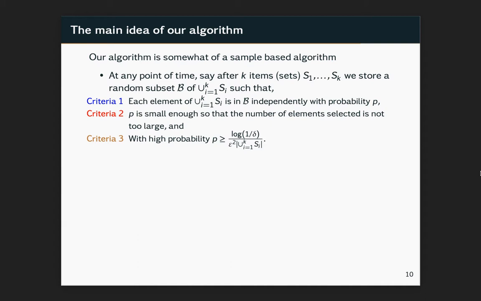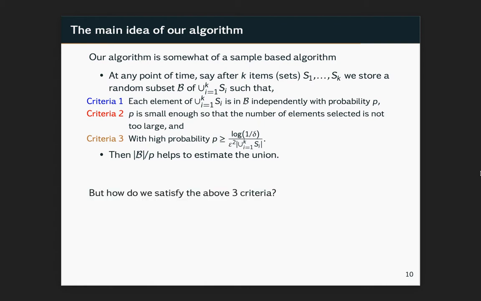If these three criteria are satisfied, then it is not hard to see that the size of the sample B divided by P is a good estimate for the union. The main question is, how do we sample from these sets so that these three criteria remain satisfied?